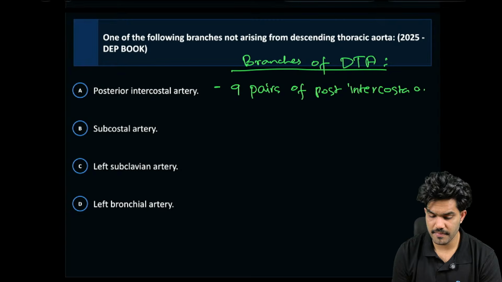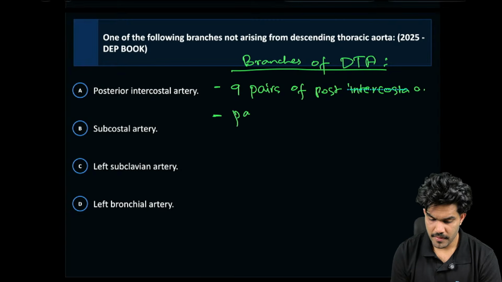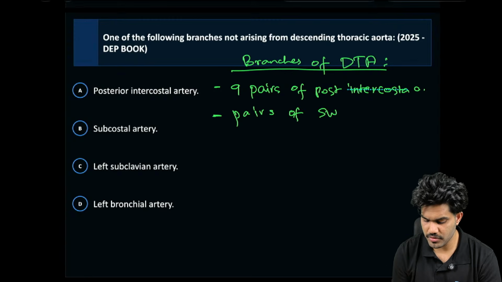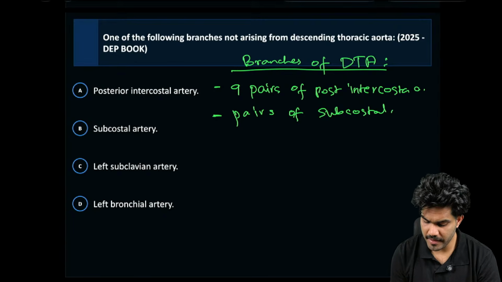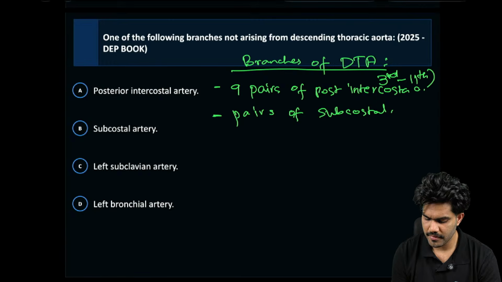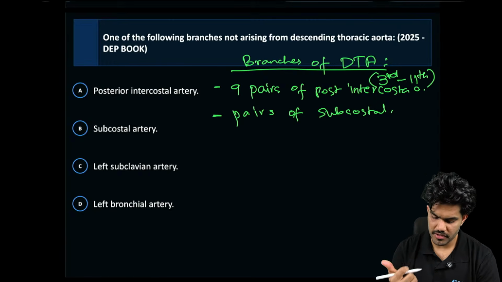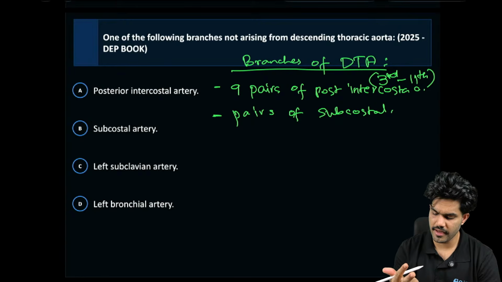From where to where? And it also gives pairs of subcostal. 9 pairs means 3rd to 11th. 3, 4, 5, 6, 7, 8, 9, 10, 11.